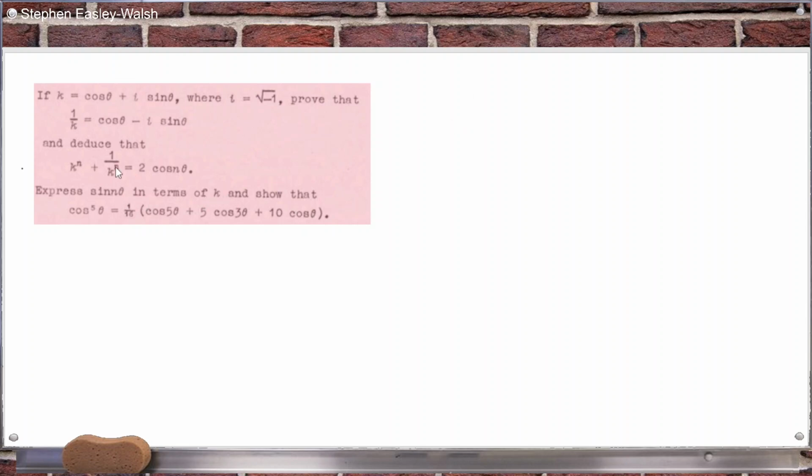Express sine n theta in terms of k. So you can kind of see what's happening here. If you were to look at, say for example, k^n minus k^(-n), you're doing the same logic here, but at the cancelling step, instead of the cos's being left behind and the sines cancelling, it's the other way around.